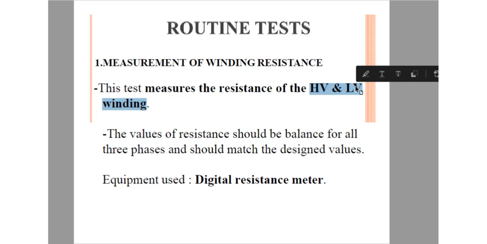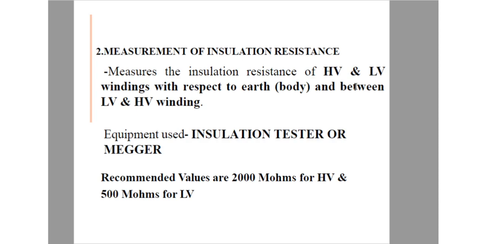So we are having the designed values with us, and after making the routine test we can note down the observed value and it should be matched with the designed value. The equipment used is the digital resistance meter nowadays. So that is called as a measurement of winding resistance.